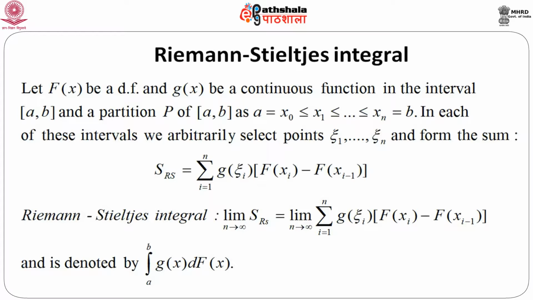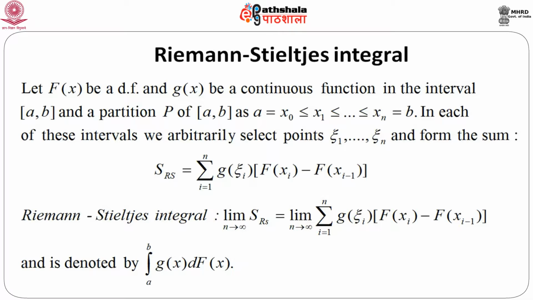So, if this limit exists, then the limit as n goes to infinity is R s, which is the limit of this sum defined with respect to a distribution function, and is denoted by the integral from a to b of g x d of f x. Now, this notion comes quite naturally from the Riemann integral, because initially we have the length of the subinterval as x i minus x i minus 1.